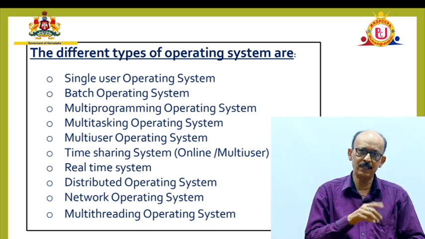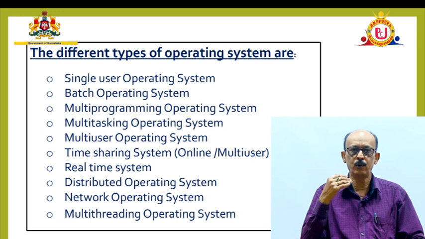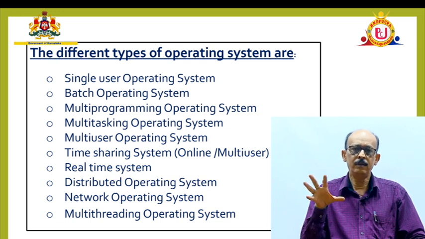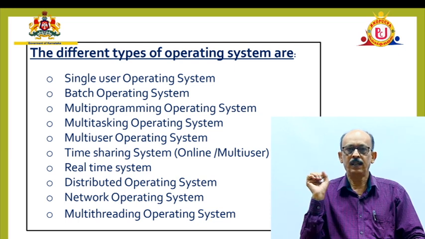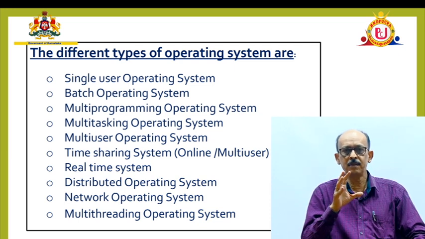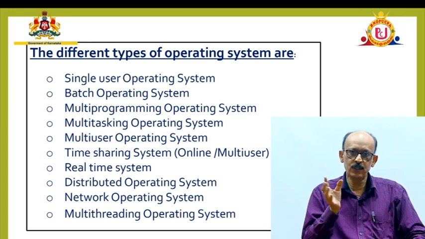Single user: only one person is using the computer, and the whole responsibility is that person's. All the activity and all the resources are allocated to that user alone: the operations, jobs and programs he executes, the memory, the hard disk, everything is his property. Only one person is using the computer, but all the resources are for him alone, and the operating system responds to that user alone.